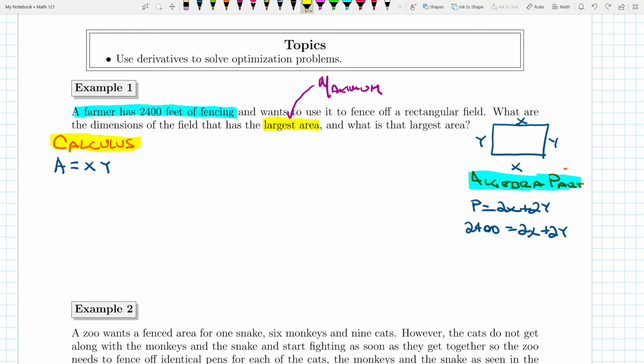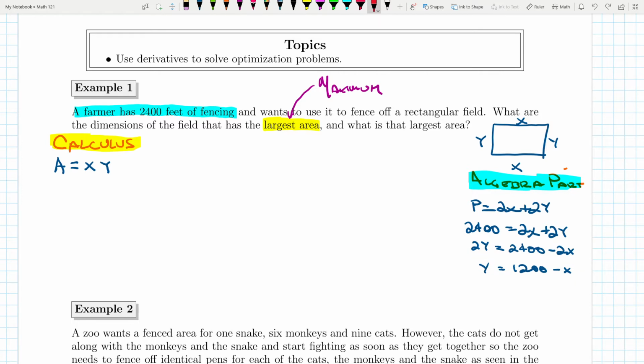How come? So what I'm going to do here is to solve for y on the algebra part. That's going to be 2y equals 2400 minus 2x. And dividing both sides by 2, this is y equals 1200 minus x. All right. And then in the end, we're going to go back to this algebra part to answer part of the actual question.